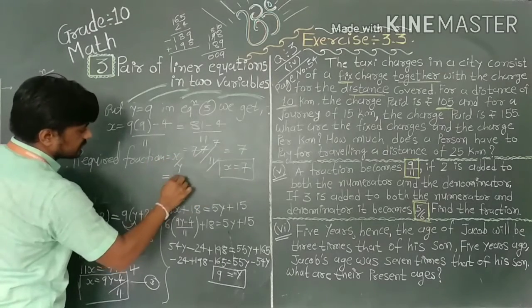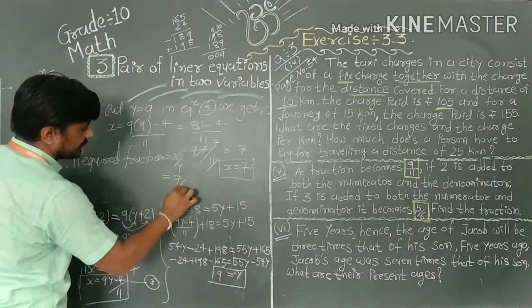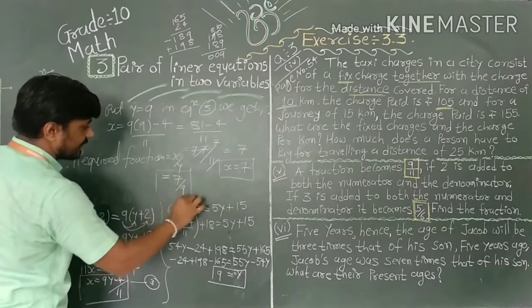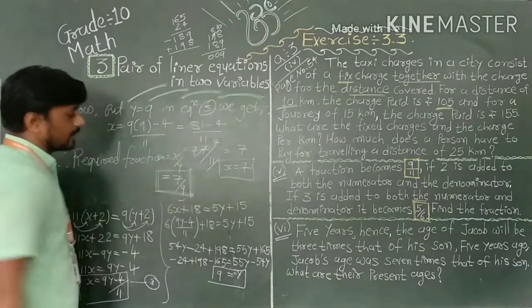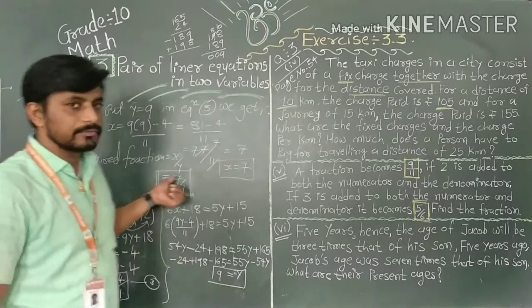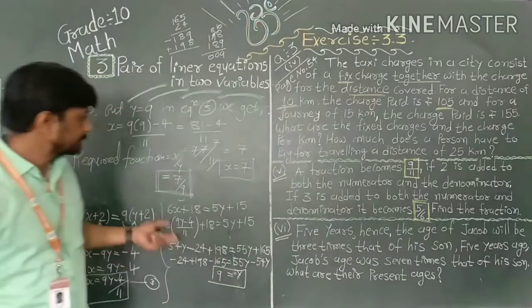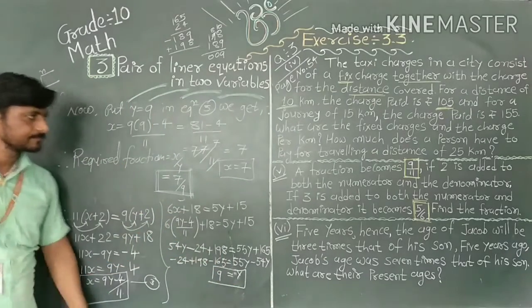That means 7 upon 9. This is our final answer. Okay, got it everyone? I hope you have understood.